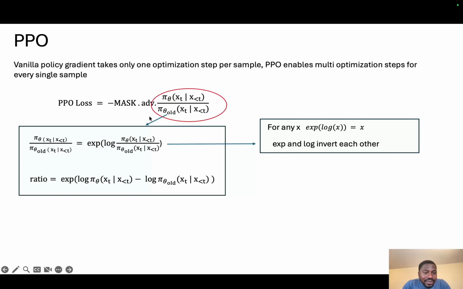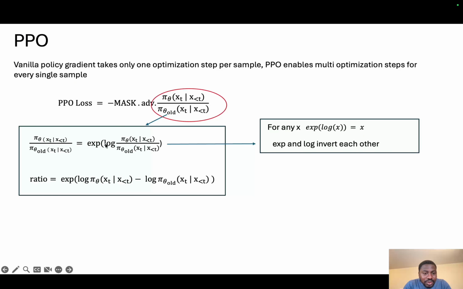Now, in ML optimization we typically don't like division, so one way you can express this is to turn it into a subtraction with a very simple and clever approach. This is equal to the exponent of the log of this. Why is it equal? Because exponent and log invert each other, so this is basically equivalent.